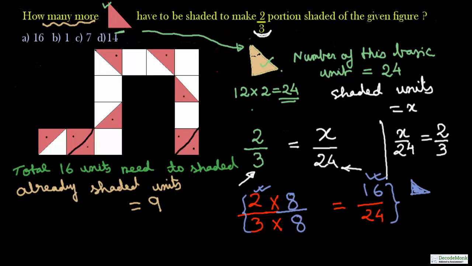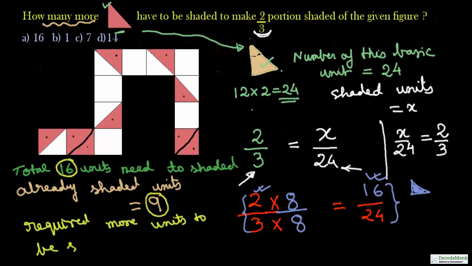The question is how many more need to be shaded. You see that 16 total need to be shaded, and 9 units have already been shaded. So how many more? That will be equal to 16, our requirement, minus 9 which are already shaded. 16 minus 9 is equal to 7.